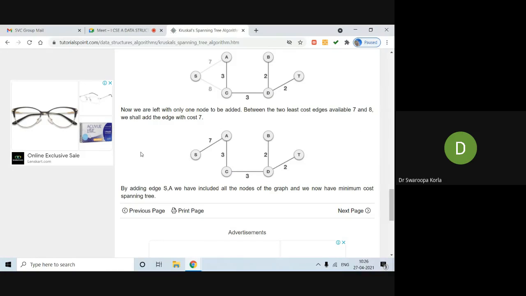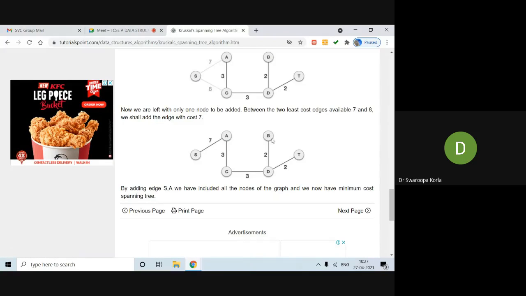And if I ask you what the minimum cost value of the constructed MST for the given graph is, it is nothing but 7 plus 3 plus 3 plus 2 plus 2. 7 plus 3, 10, plus 3, 13, plus 2, 15, plus 2, 17. So my minimum cost value for the constructed MST is 17.